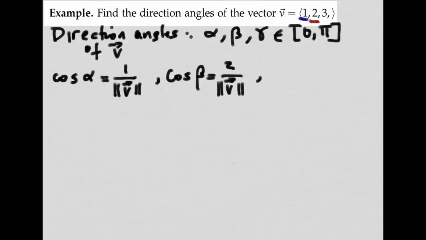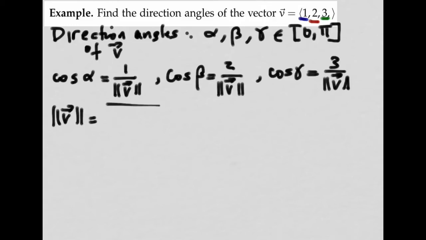And the third equation is cosine gamma. That's the z component, or the third component of v, that's 3, divided by the magnitude of v. Let's find the magnitude of v.